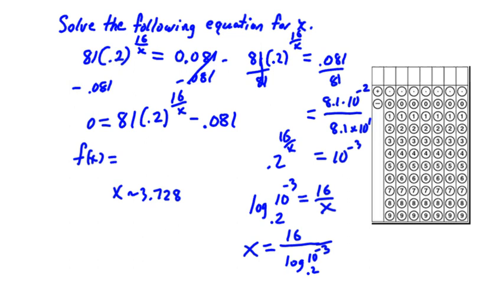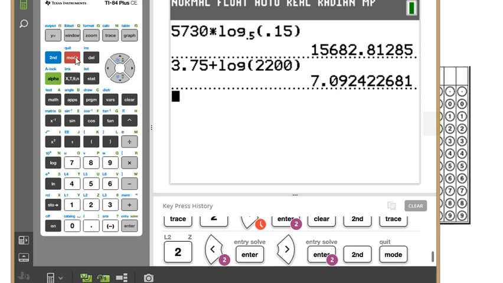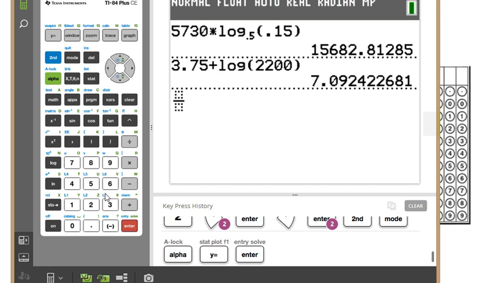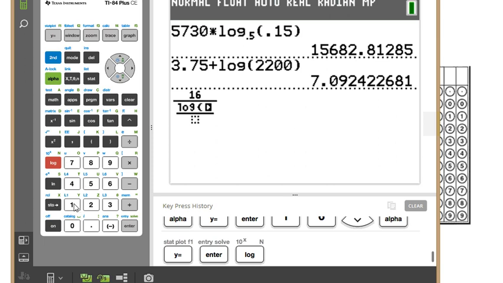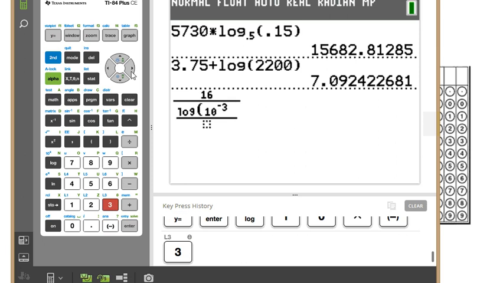So we get 16 over, we're going to have log of 10 to the power of -3 over the log of 0.2.